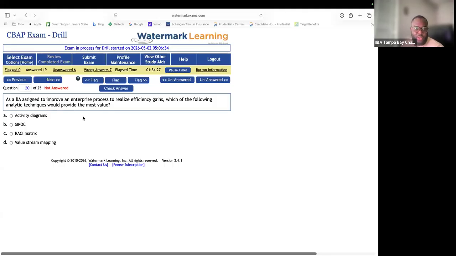As a BA assigned to improve an enterprise process to realize efficiency gain, which of the following analytic techniques will provide the most value?